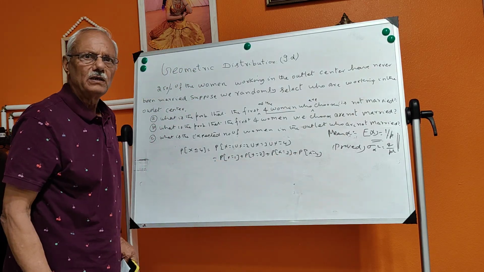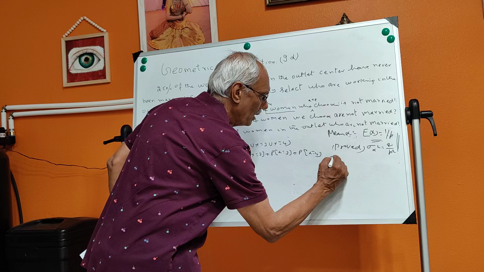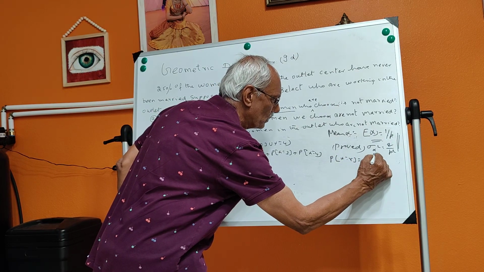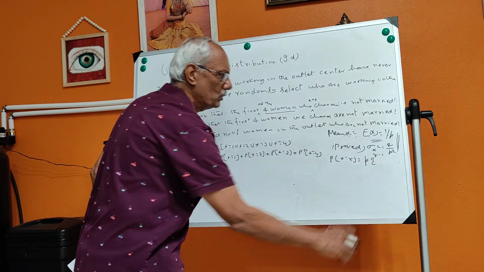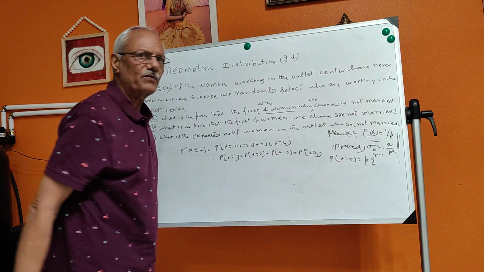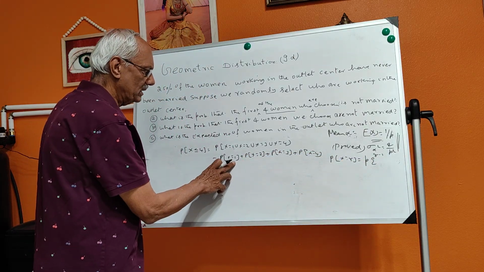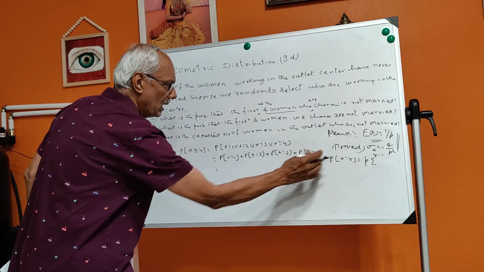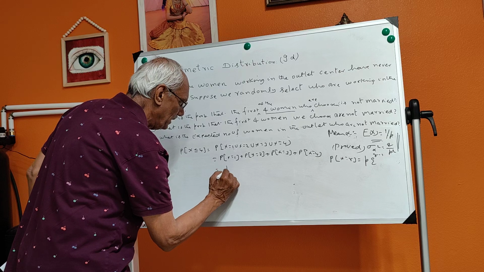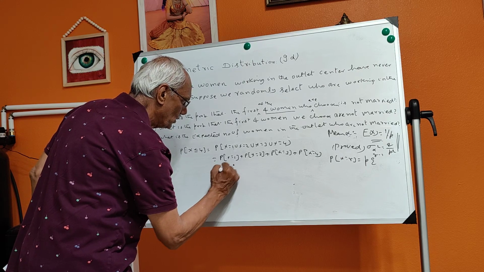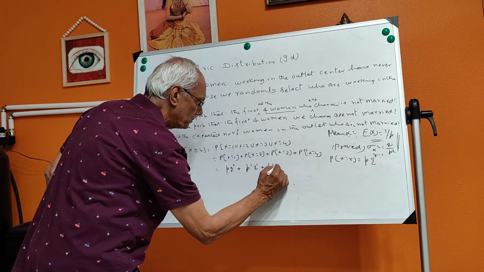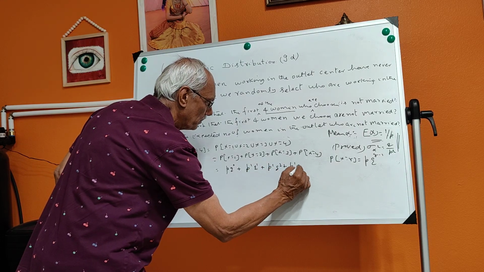All these are geometric distributions, where P of x equals r is P into q to the power of r minus 1, where r refers to the number of trials made. Applying this, it is P into q to the power of 0 plus P q plus P q squared plus P q cubed.